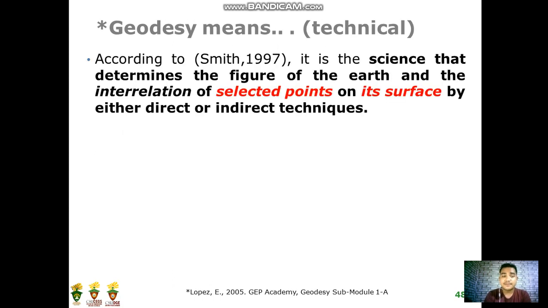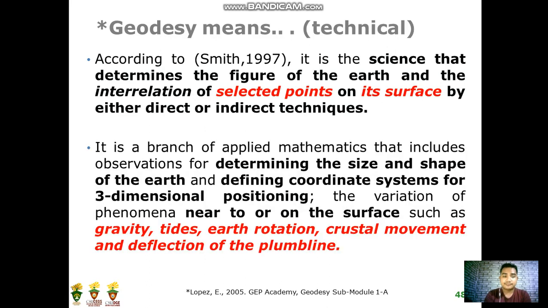Another definition is from Smith, 1997. According sa iya, it is the science that determines the figure of the earth and the interrelation of selected points on its surface by either direct or indirect techniques.